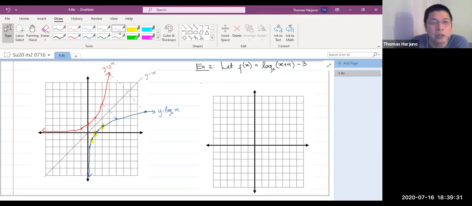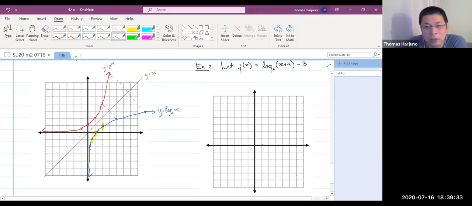So originally, my x-intercept is (1, 0). Move 4 units to the left, 3 units down. So it becomes here. Okay. From this (1, 0), 4 to the left, 3 down. Okay. And (2, 1).